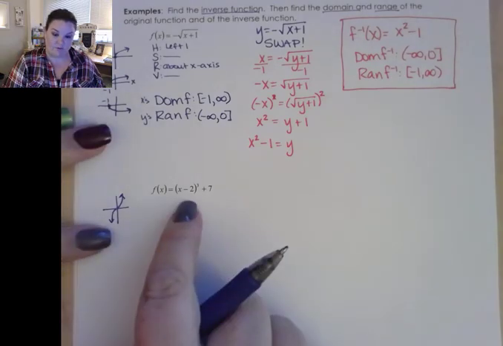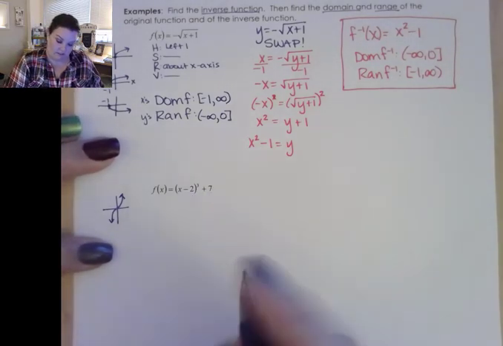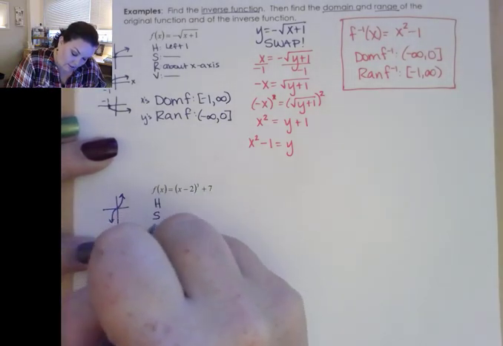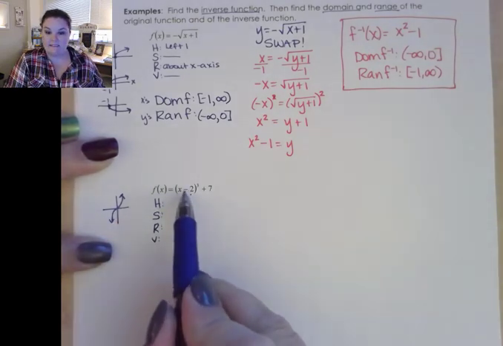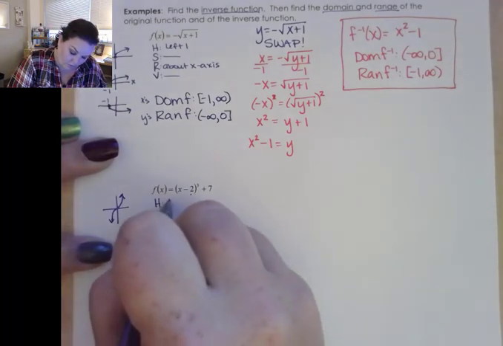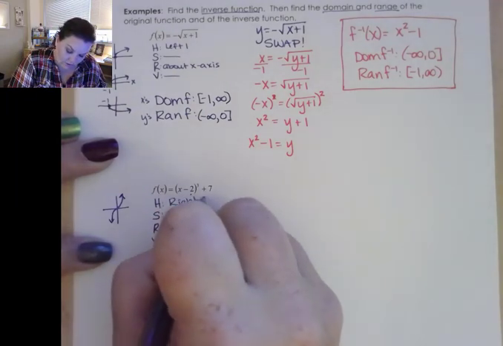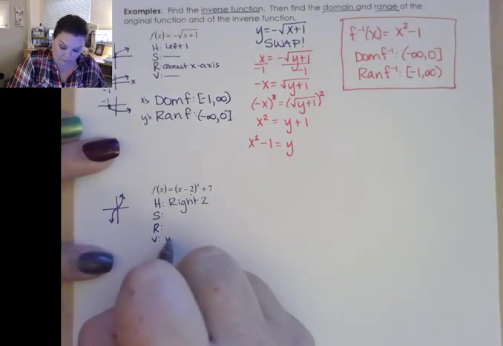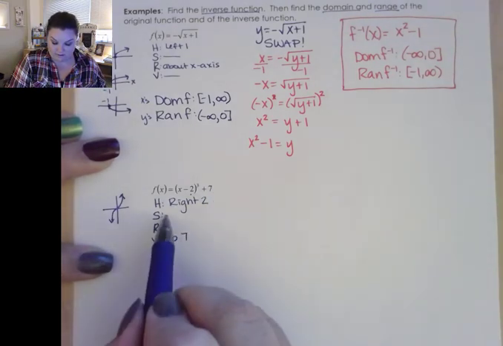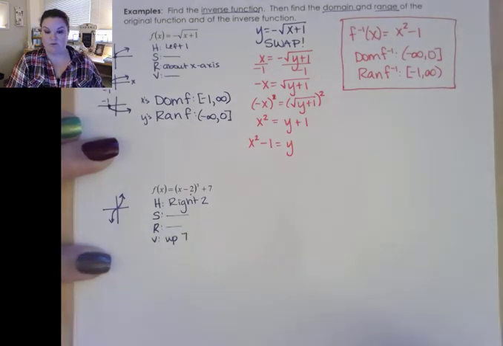And then we need to identify our shifts. So if we do our little HSRV, we can see that the -2 on the inside is going to move us to the right 2. And our +7 on the outside is going to move us up 7. So no stretching, no shrinking.